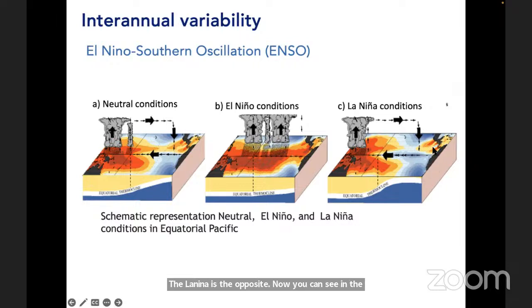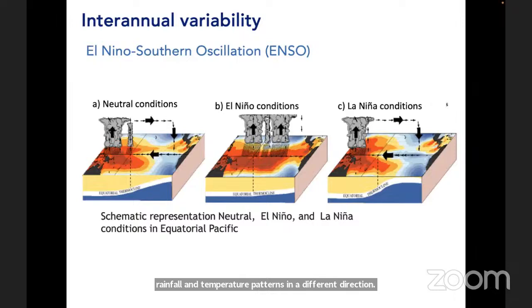So see, here it is colder, and this wind is now even stronger than the neutral. And because of that, the hot water is pushed all the way toward the west. So now again, the rain belt is shifted to the west, again shifting the rainfall and temperature patterns in a different direction around the globe.